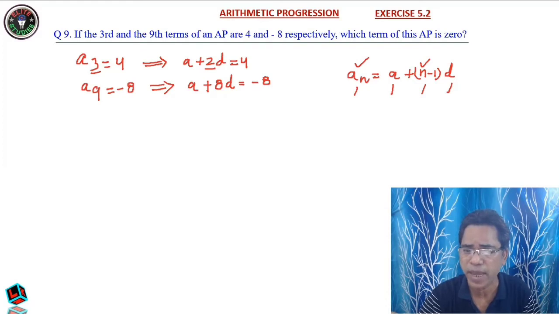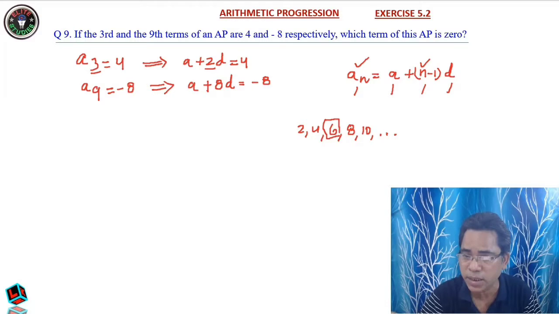Suppose if I write an AP as 2, 4, 6, 8, 10, like this way if you write, you should clearly understand what is meant by AN and N. If you consider this as 6, this is the third term, first, second, third term.